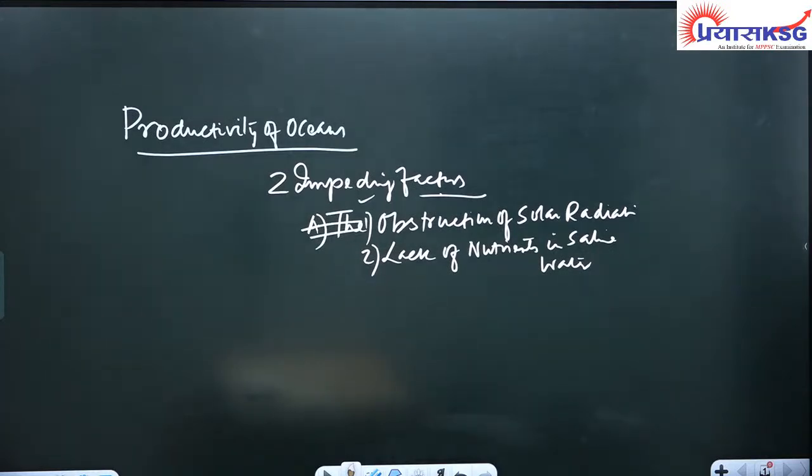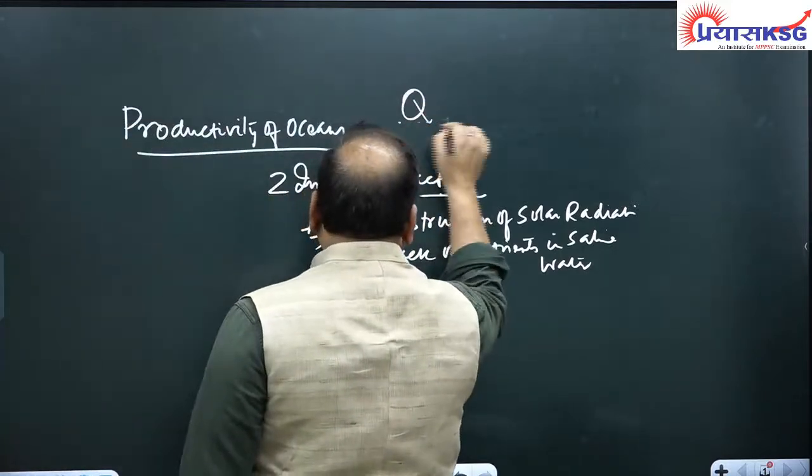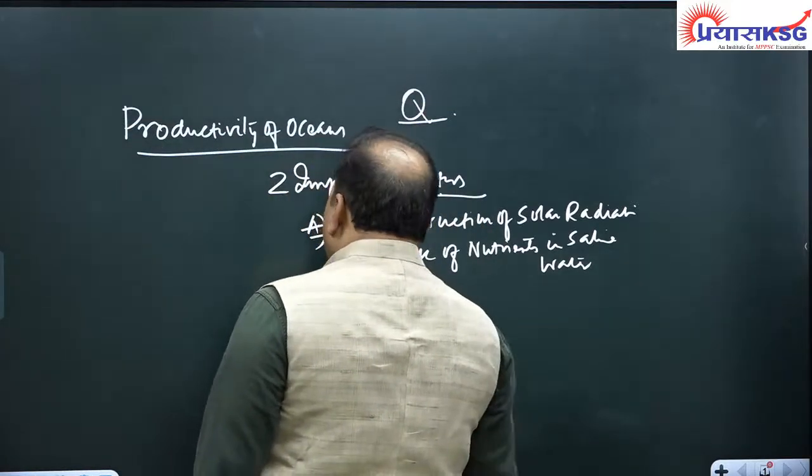But look, if an objective type question is to be asked, they can ask you which area of ocean is called the tropical rainforest of oceans. Which area of ocean is called the tropical rainforest of ocean? So this could be one question.